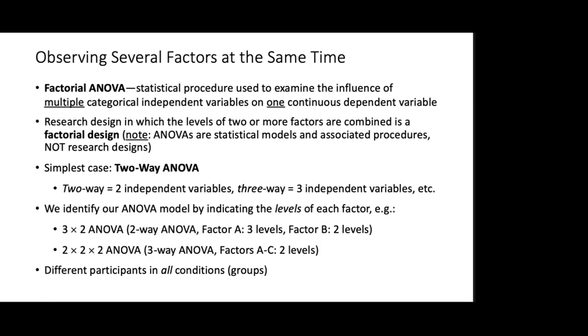And it's important to keep in mind that for the factorial ANOVA, we have different participants, or more generally subjects, so observation units, which don't have to be humans. We have different observation units in all conditions, so in all groups and all cells of our design.